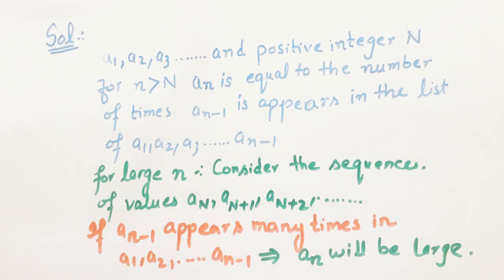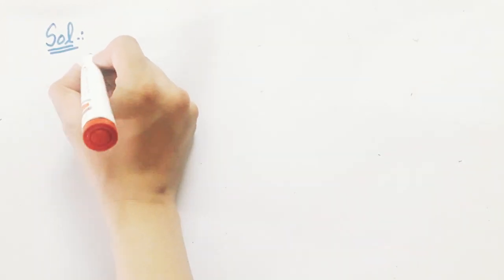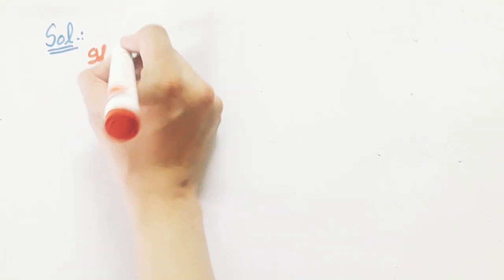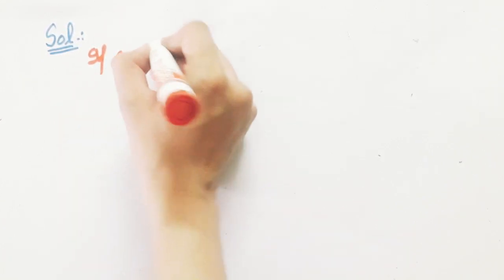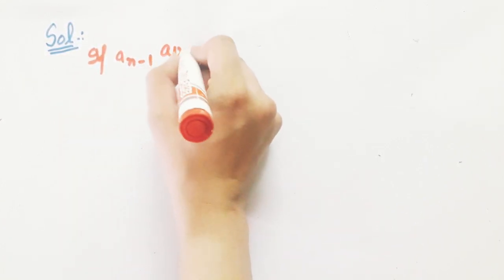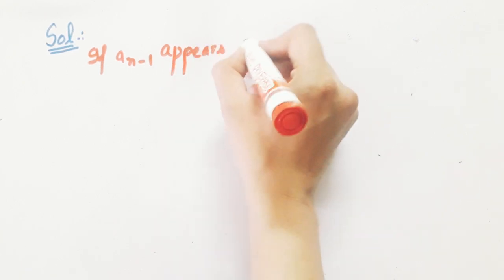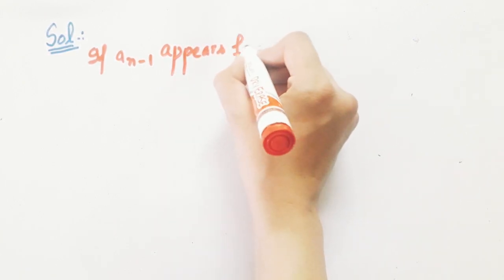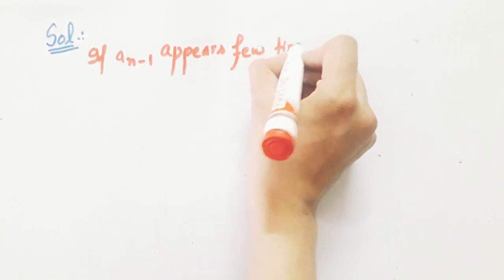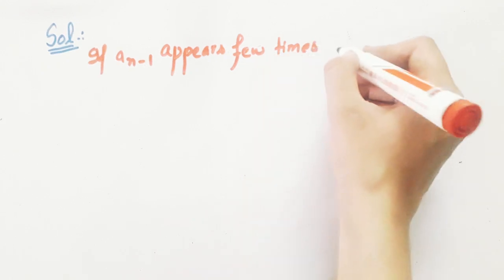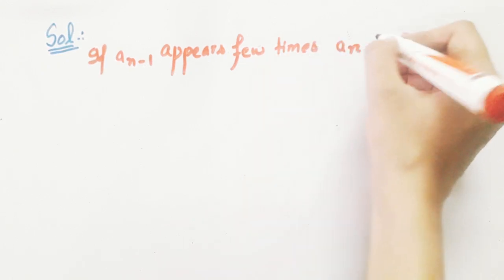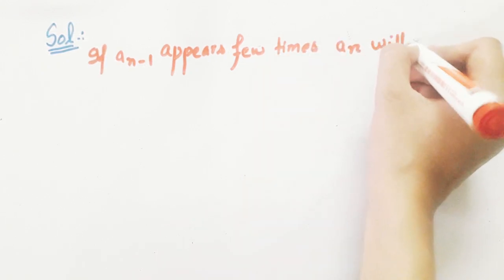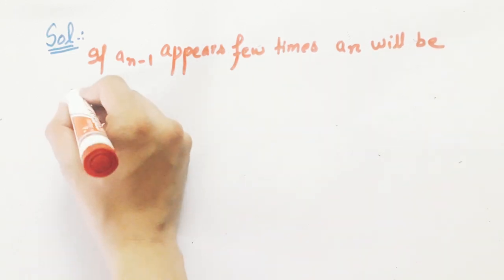On the other hand, if an minus 1 appears few times only, then an will be small.